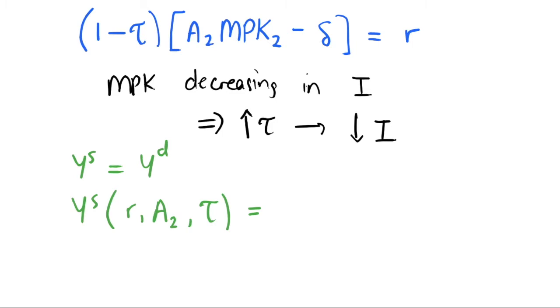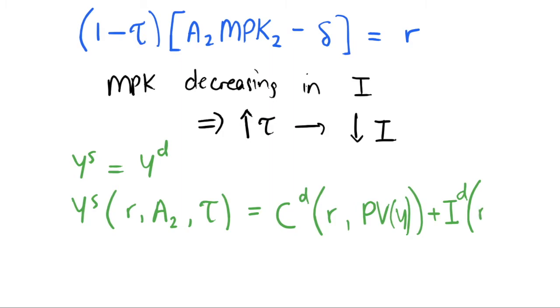We're not going to worry about government spending in this model right now because we're not changing anything there, so it doesn't really factor into this video. So we have consumption as a component, and we know that depends on the interest rate and the present value of income in the neoclassical model. And we are going to add investment, which is the thing that we actually care about in this video, because we're going to change something that it depends on.